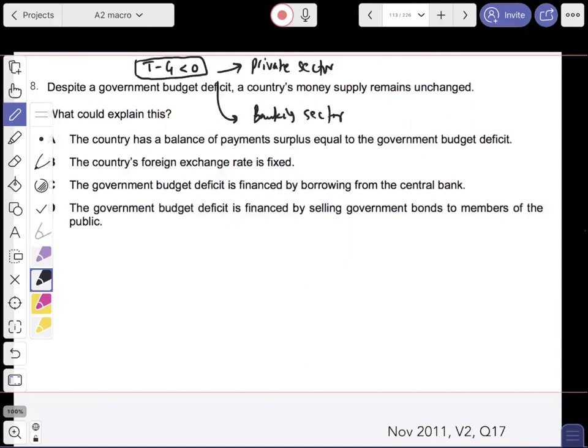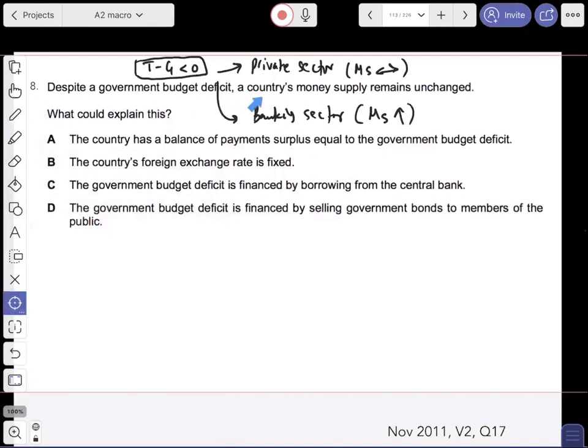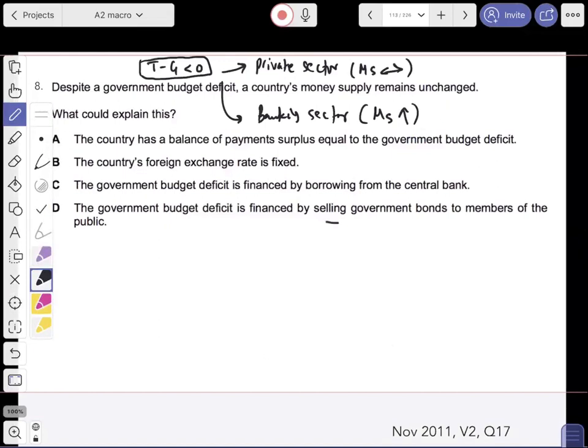If you finance it through the private sector, money supply will be unchanged. If you finance it through the banking sector, money supply will go up. And they're saying that the government budget deficit is happening but the country's money supply remains unchanged. This means it is financed by selling it to the general public. So D is the right answer.